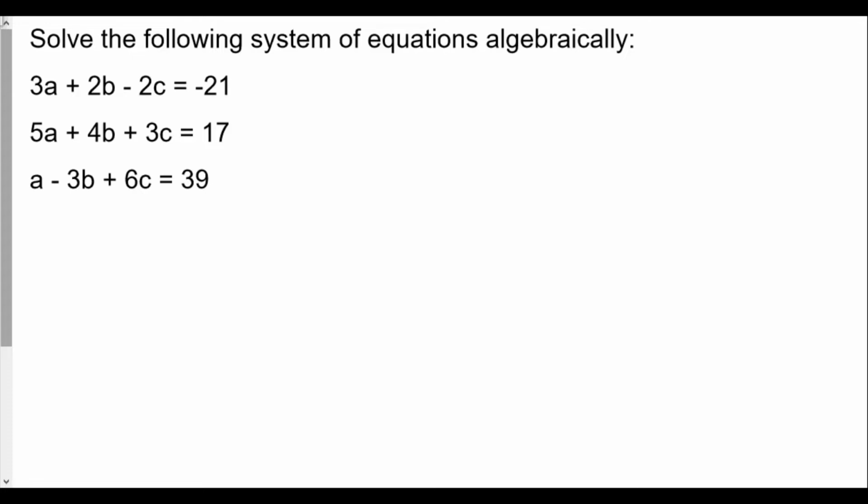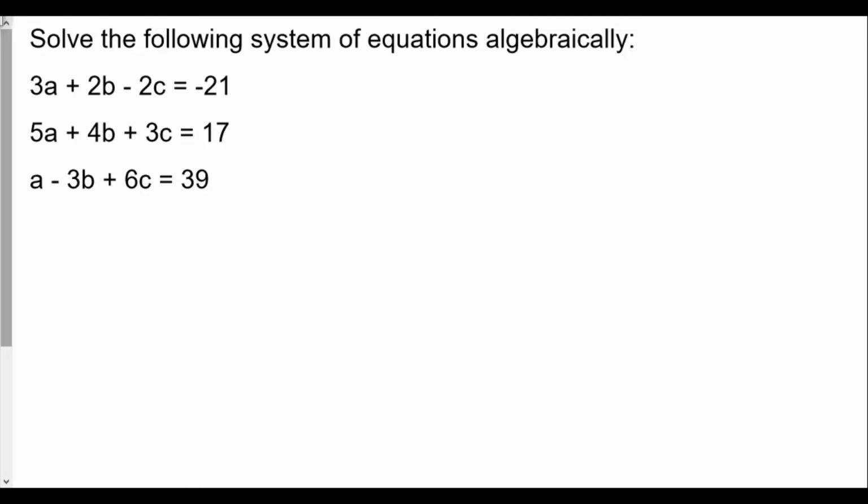We're probably using elimination. In this situation, we notice that none of the variables have similar coefficients or opposite coefficients. They're not the same or opposites of each other, so we can't easily cancel any particular letter out right away. But when that's the case, we want to notice that one of the variables has a coefficient of 1.